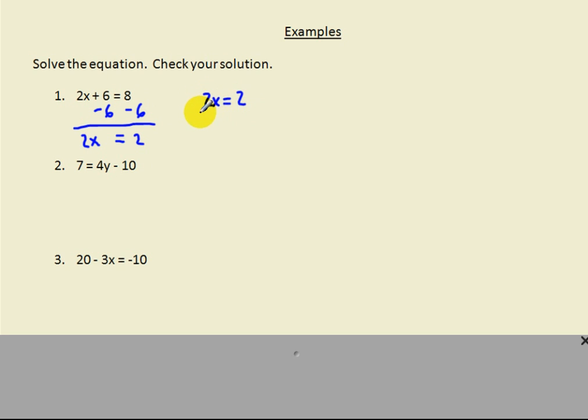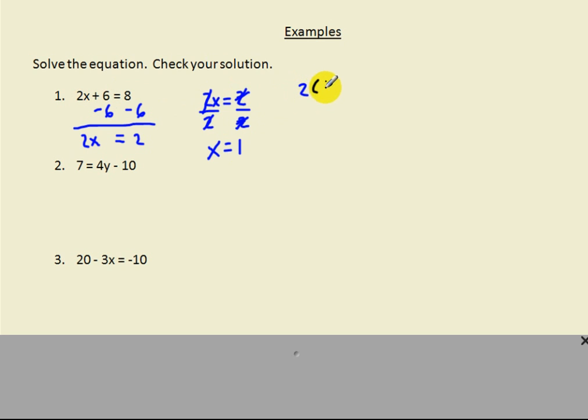So we're going to undo the multiplying by dividing by 2. We have to also then divide by 2 on the other side of the equation. 2's cancel, and we get x is equal to, of course, 2 over 2 is just 1. Those are 2's that have been canceled, not x's, by the way. Alright, so then we're going to check that solution by substituting 1 back in place of x in our original equation.